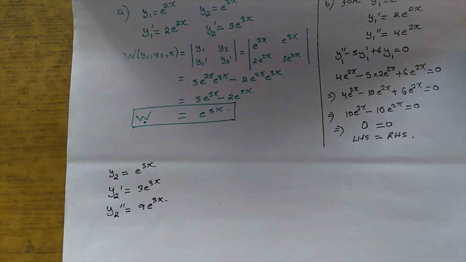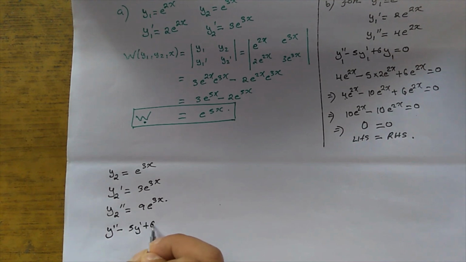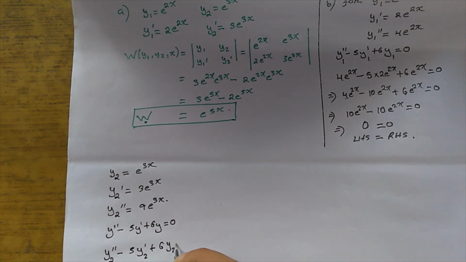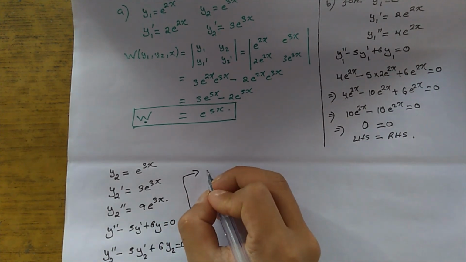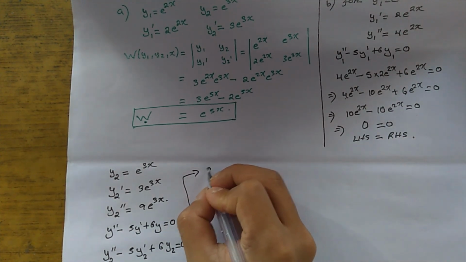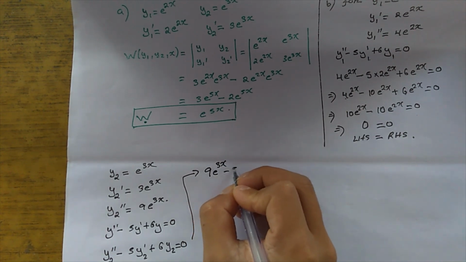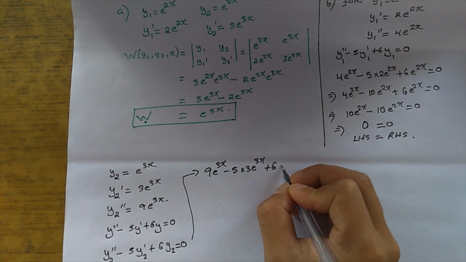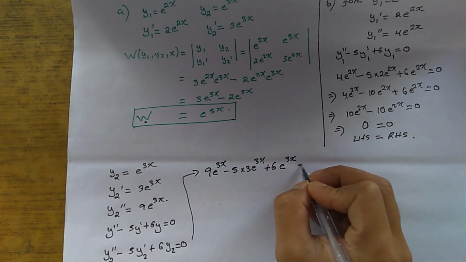Now we already have the differential equation, y double prime minus 5y prime plus 6y is equal to 0. We put y2 instead of y, so it will be y2 double prime minus 5y2 prime plus 6y2, which is equal to 0. Y2 double prime is 9e^(3x), minus 5 times 3e^(3x), plus 6e^(3x), which is equal to 0.